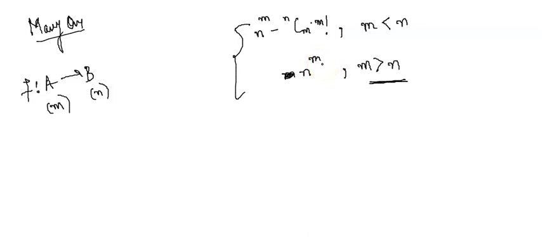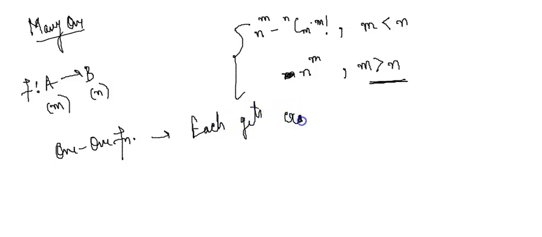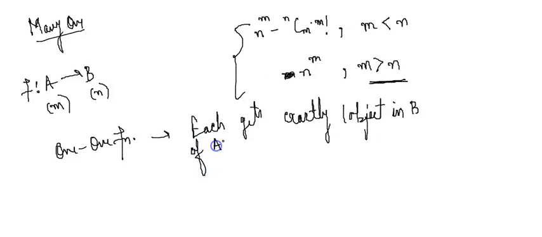And in terms of permutation, if you want to write it down, what is the total number of one-one functions? That will be that each element of A gets exactly one object in B. And what will be a many-one function in terms of permutation?